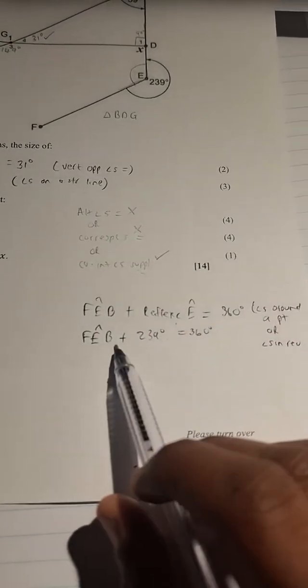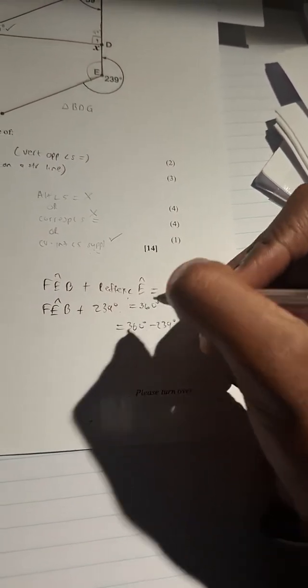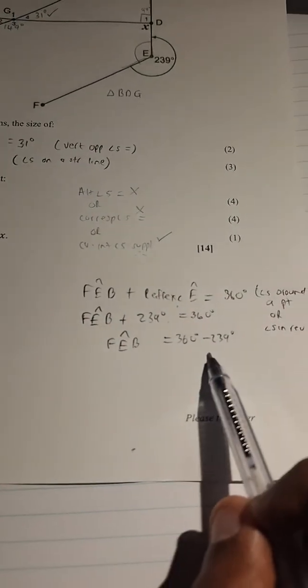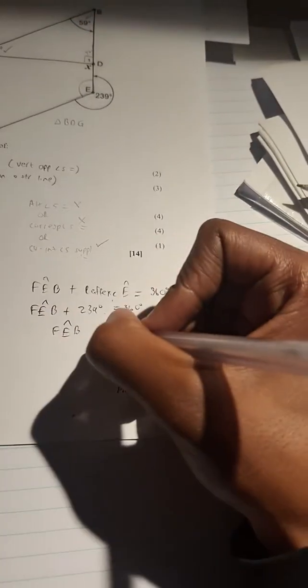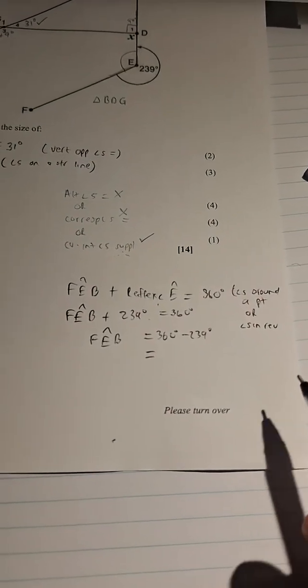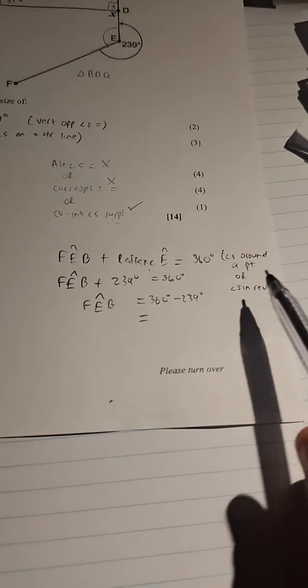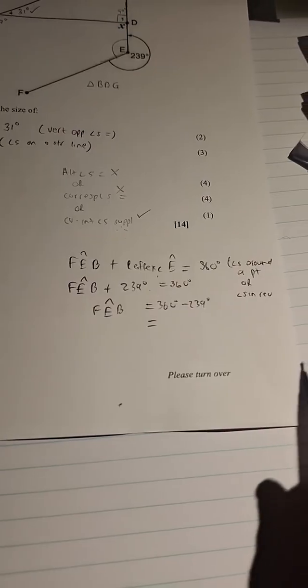Now I'm going to solve for this angle. Take the 239 over, subtract. So angle FEB is what, guys? I need someone to let me know in the comment section. What's angle FEB? 360 minus 239.